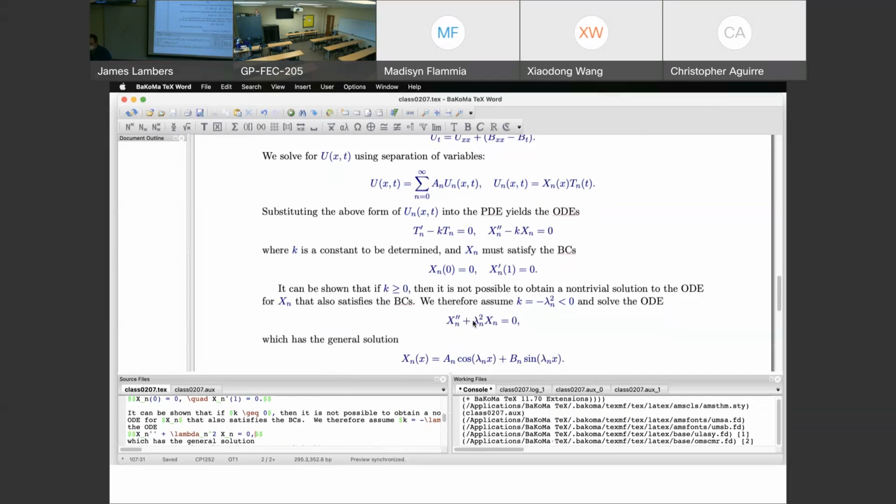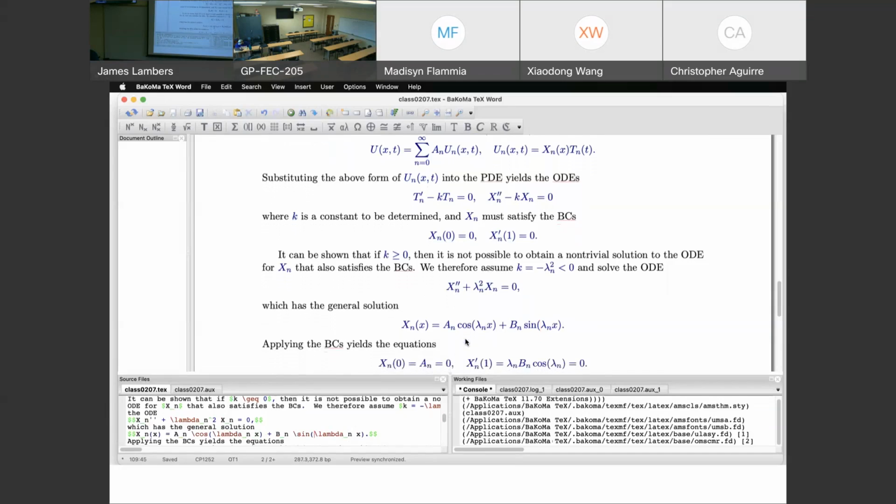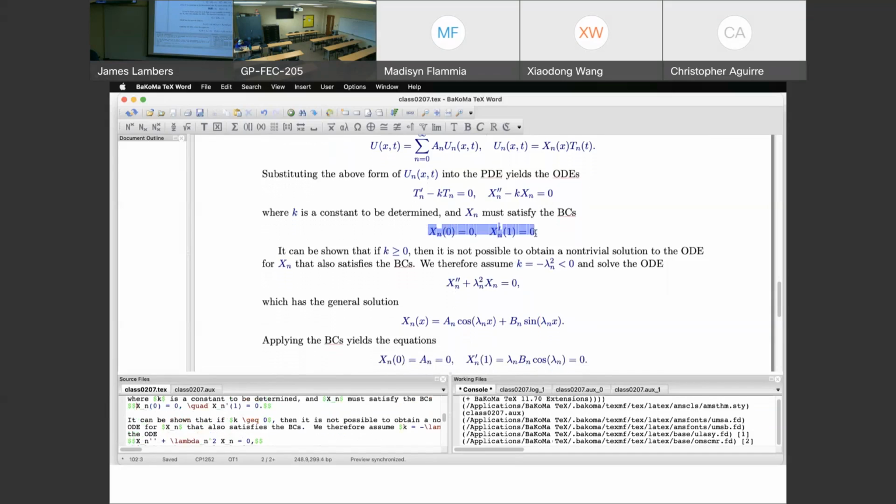Whatever constant you have here, its square root is multiplying x down here. That's why I made it a square, so I don't have these square roots cluttering things up. So I know I have a combination of sine and cosine, but I've got to find out what kind of combination will satisfy these boundary conditions.